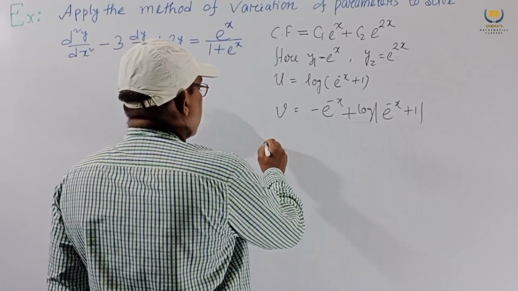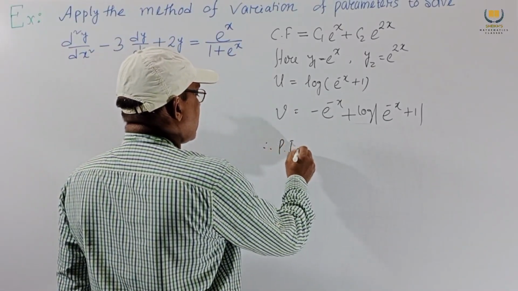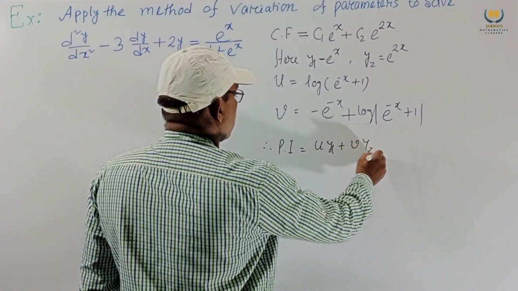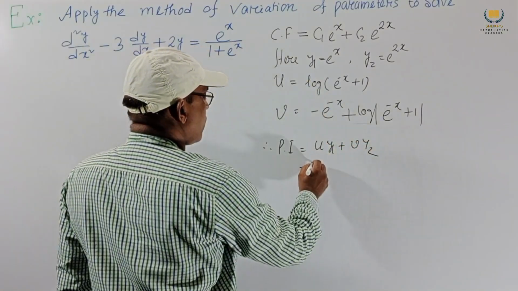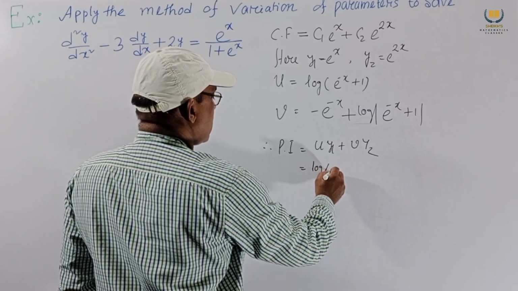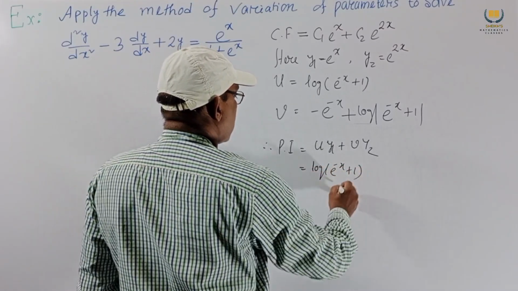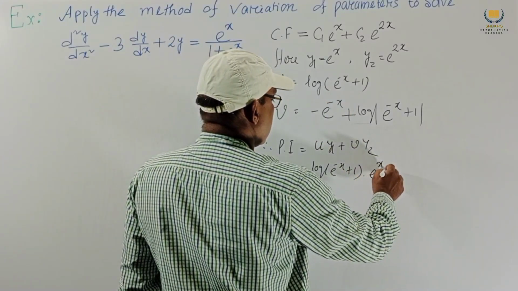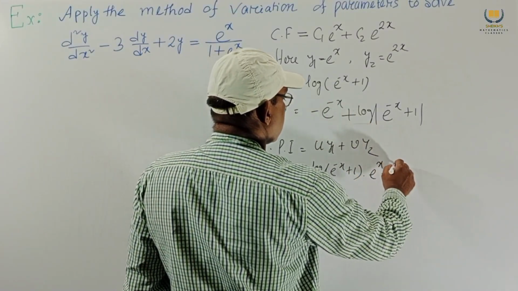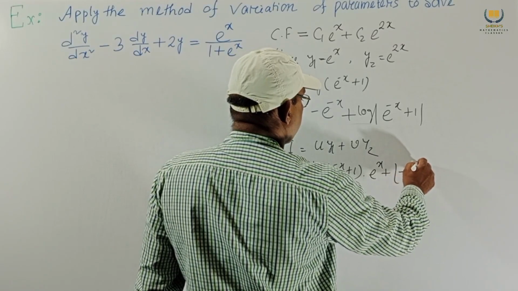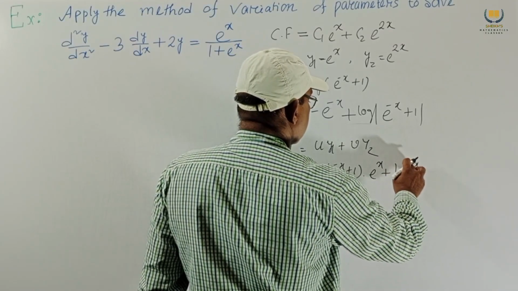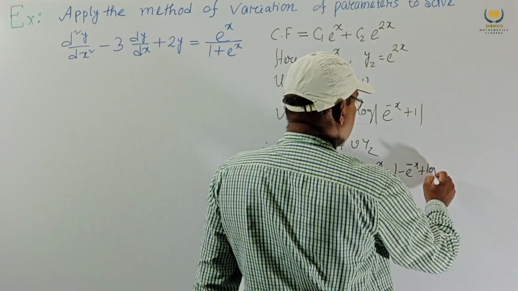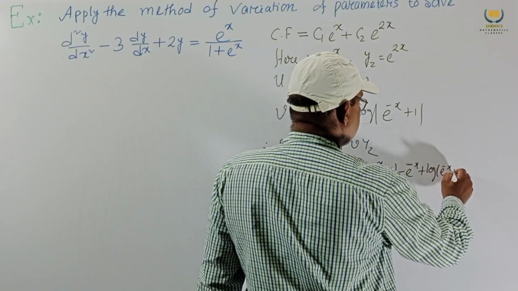Therefore, particular integral equals u y1 plus v y2. U we know is log of e to the power minus x plus 1. y1 is e to the power x, and v means minus e to the power minus x plus log e to the power minus x plus 1.